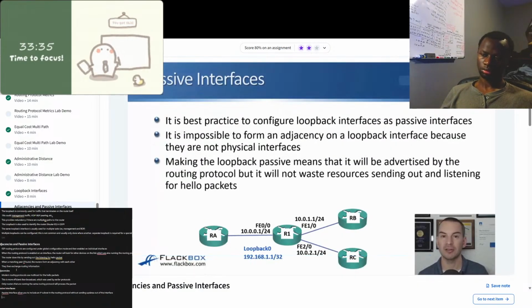It's best practice to configure your loopback interfaces as passive interfaces, always. This is nothing to do with giving out network information on them. This is because it's impossible to form an adjacency on a loopback interface.